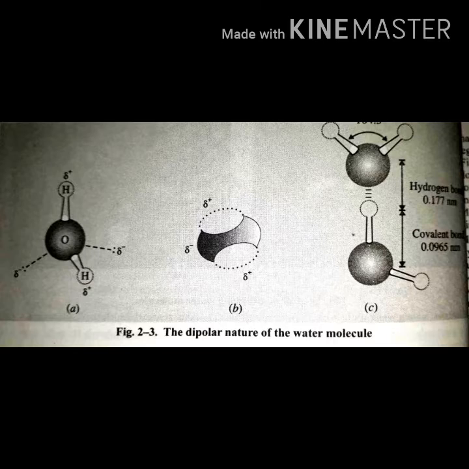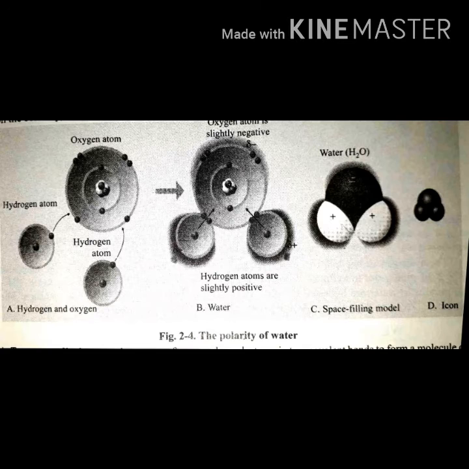Now, the ball and stick model, with dashed lines representing the non-bonding orbitals, shows the structure of the water molecule.